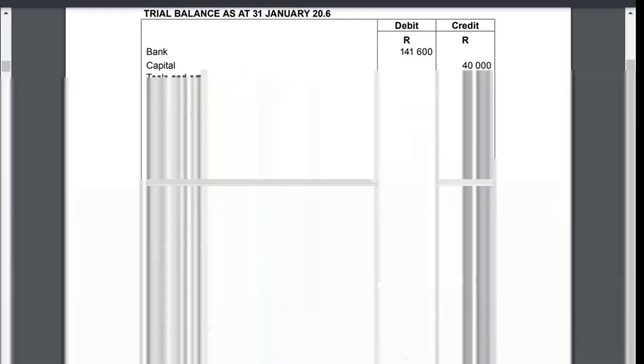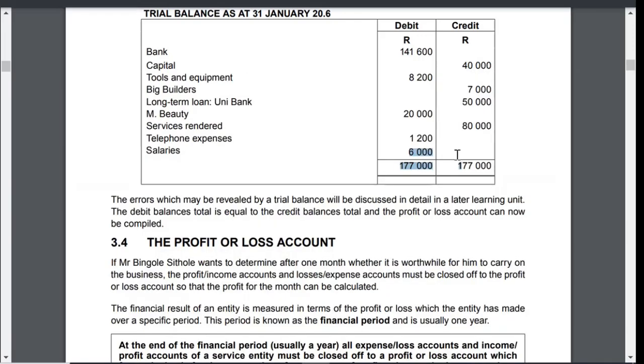Where do we get the 72,800? 80,000 minus 1,200 minus 6,000 will give you 72,800 profit.